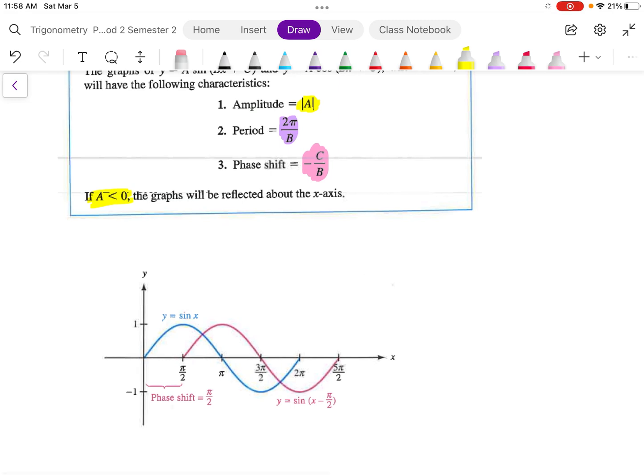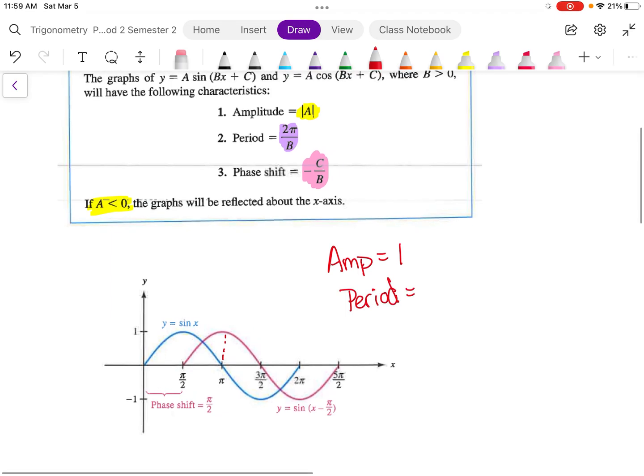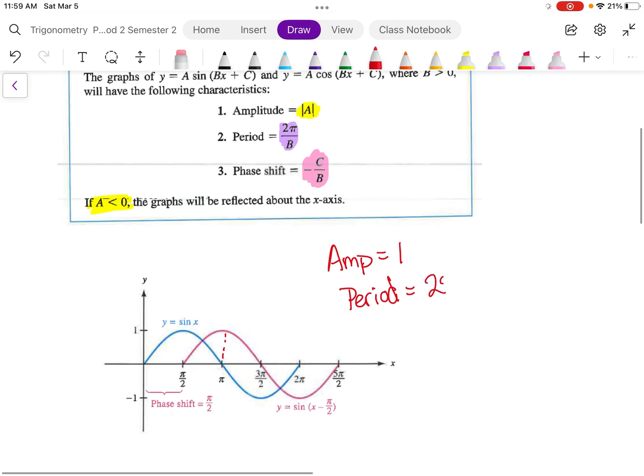So if we look at this red graph down below, the amplitude for this is going to be equal to 1. The period is equal to 2 pi, because that's the length of a full cycle. And then the phase shift, because we have the equation of sine of x minus pi over 2, our phase shift is negative pi over 2.